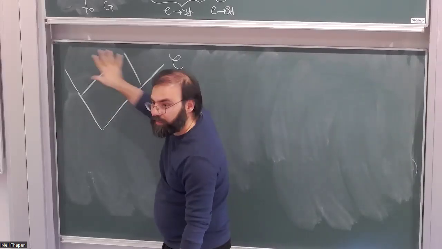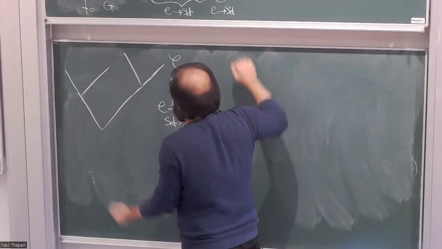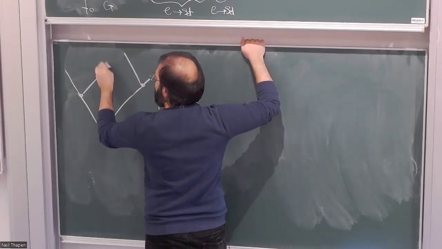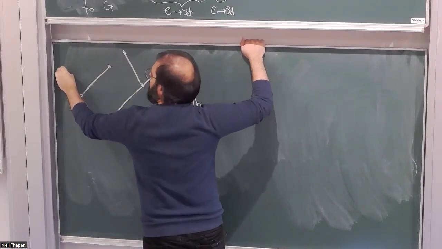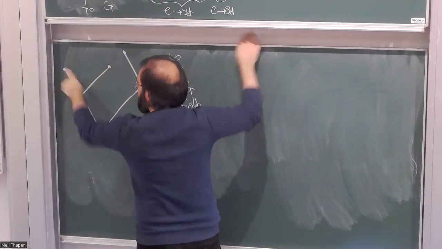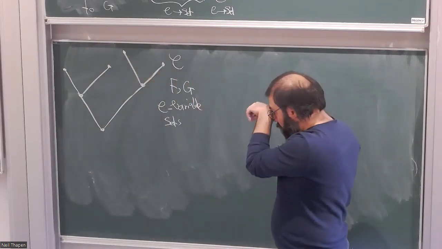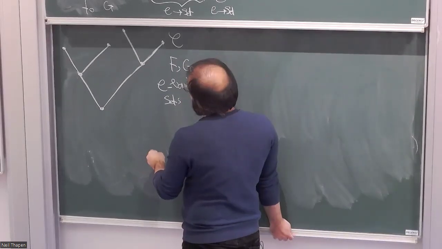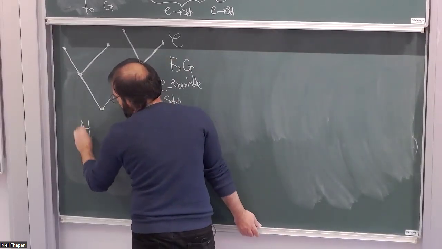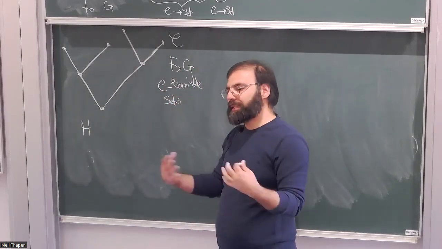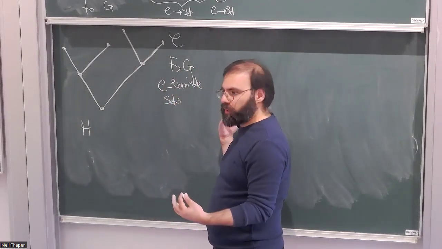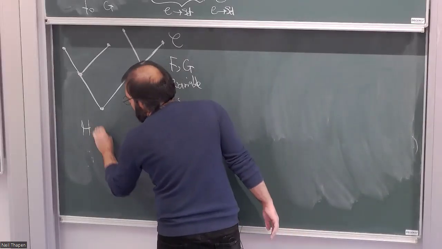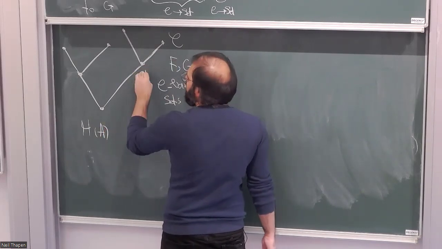So some sets that vary over this, meaning that at any point I have a set, and then when I go from here to there, it changes, right? Okay, I have two variable sets, F and G. And then H is the exponentiation. So it means somehow, intuitively, all the maps from F to G, all the variable maps. So what is HA? What are all the variable maps here?